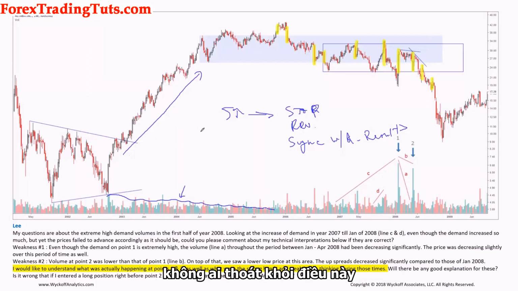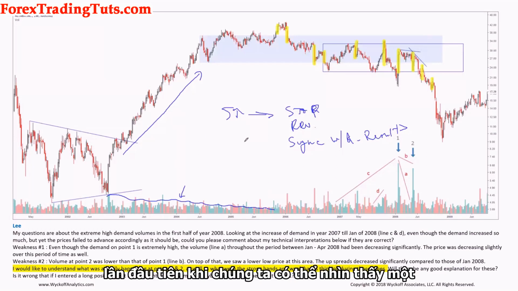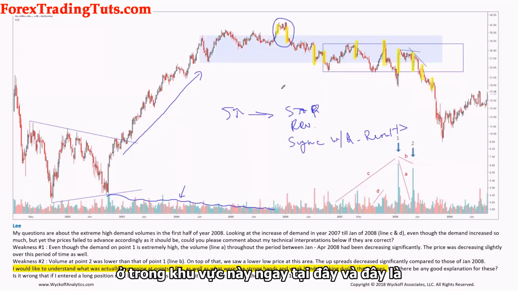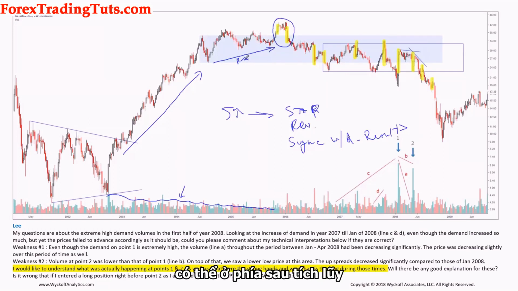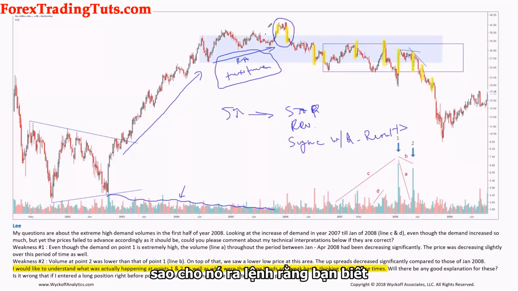Nobody is getting out of this position. The first time when we could see a more meaningful getting out of this position is going to be in this area right here. And this is why until then we're still thinking that we might be in the reaccumulation, because the texture for both the price and the volume is such that it dictates that the price most likely is going to continue to the upside.